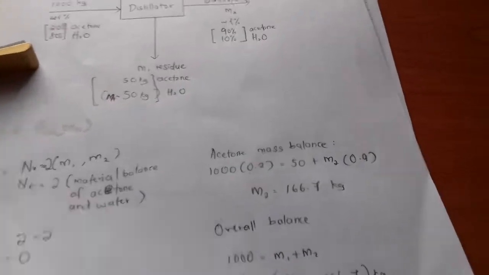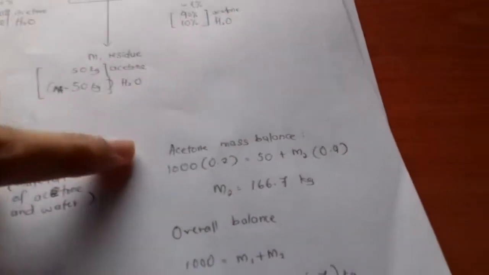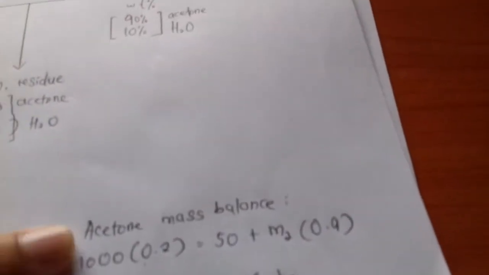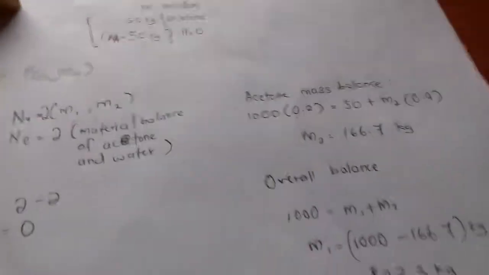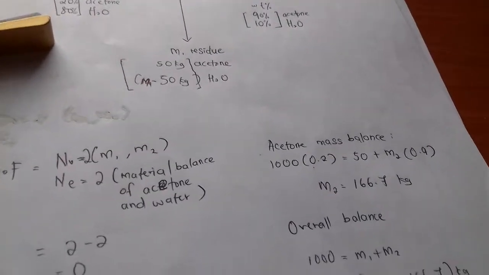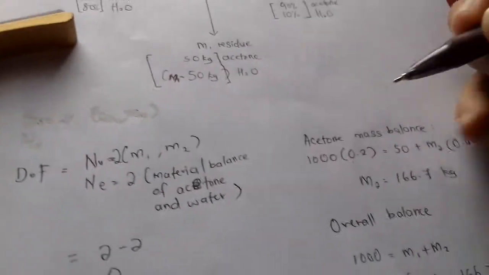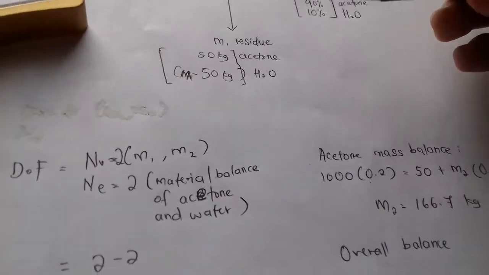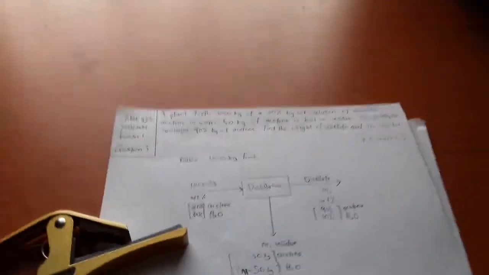Okay, then we make the acetone mass balance. The inlet is equal to the outlet, since there is no reaction in this question.